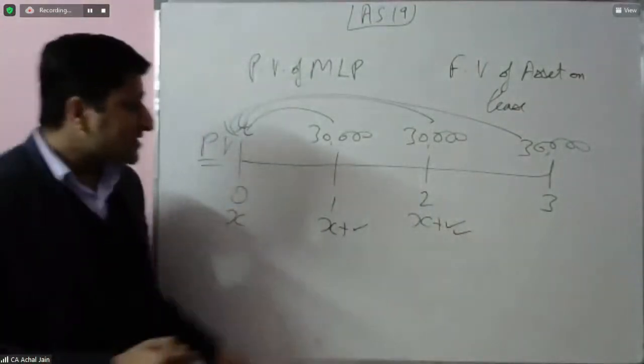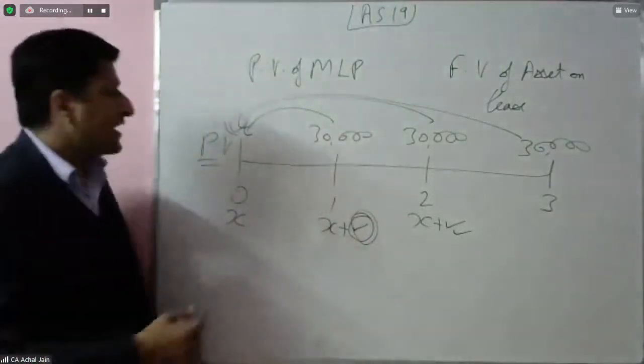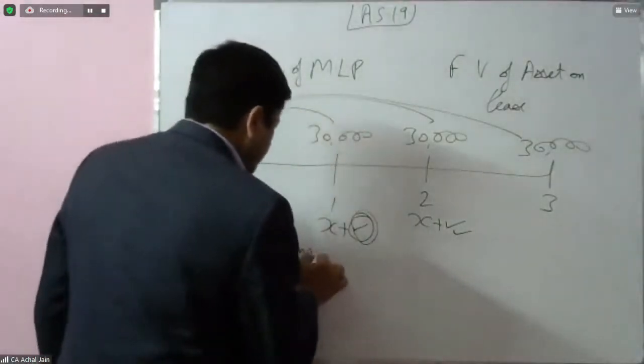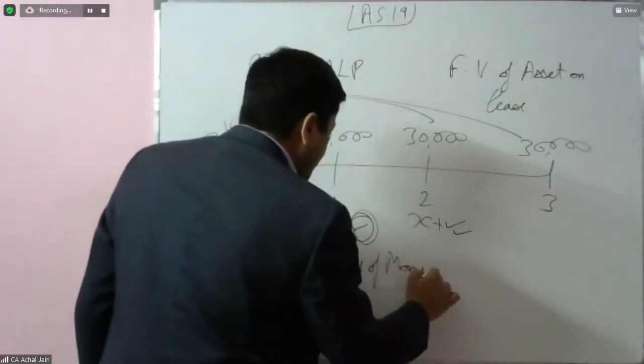So what is this amount which gets added over the period? This is the time value of money.